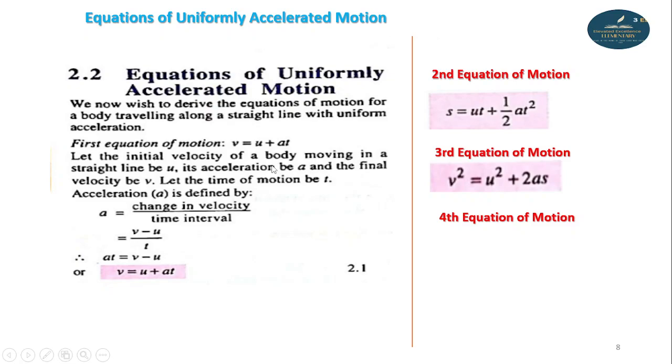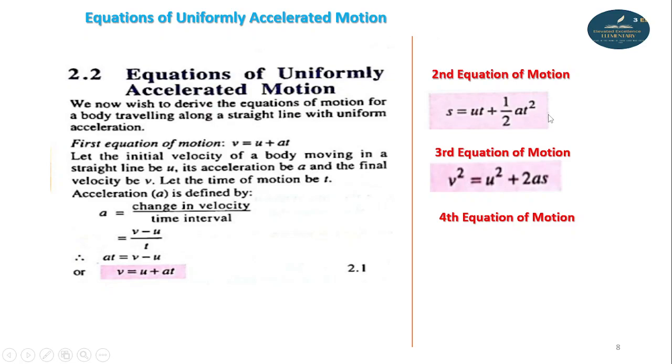So V equals U plus AT is the first equation of motion, while the second equation of motion is the distance S equals the initial velocity times time plus half acceleration times time squared, and the third equation of motion is V squared equals U squared plus 2AS. So those are the three equations of motion we have.